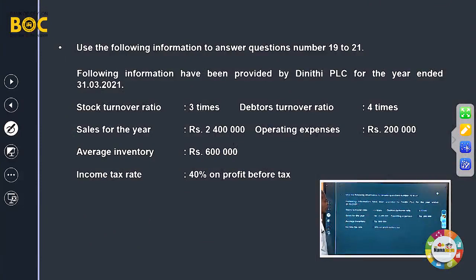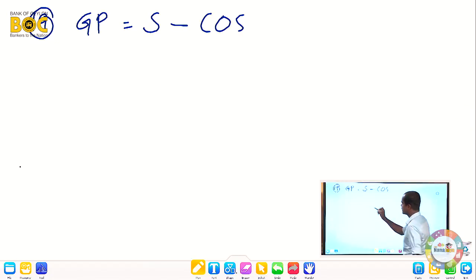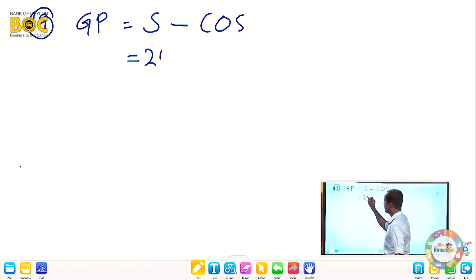The sales for the year given are 2,400,000. Now the cost of sales.